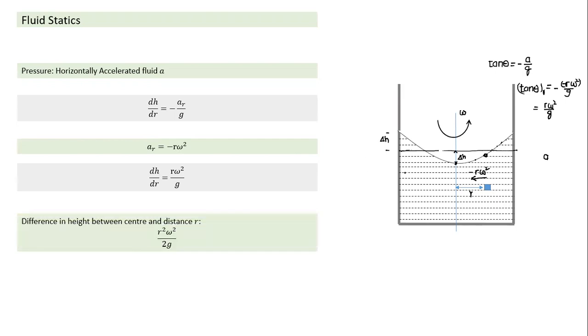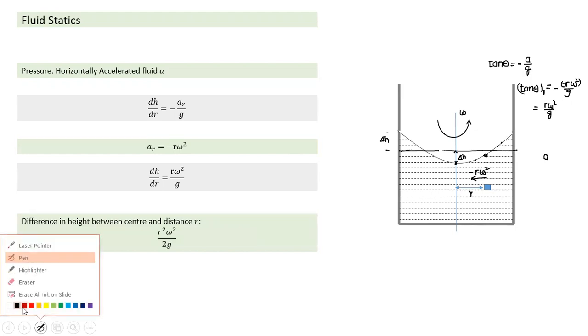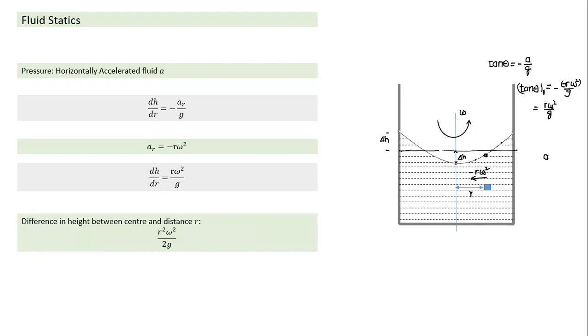Let's choose which 2 points you're interested in. I want to find the height difference between this point and this point. When I'm calculating delta h, and if h is the vertical direction here, I will integrate this term: dh is equal to r omega square by g into dr, from r equal to 0 to r.